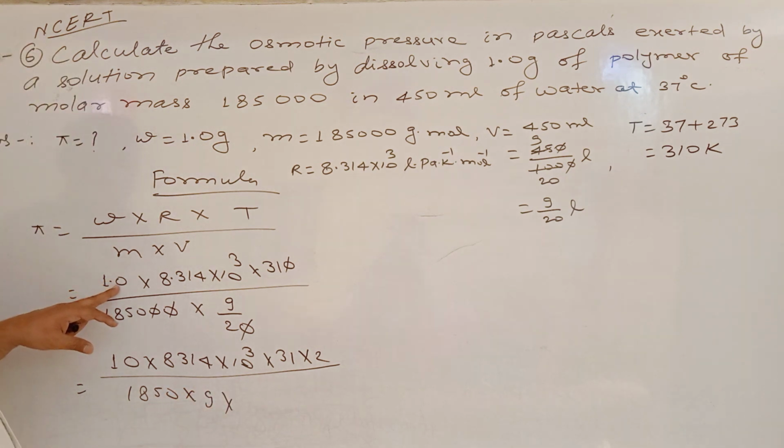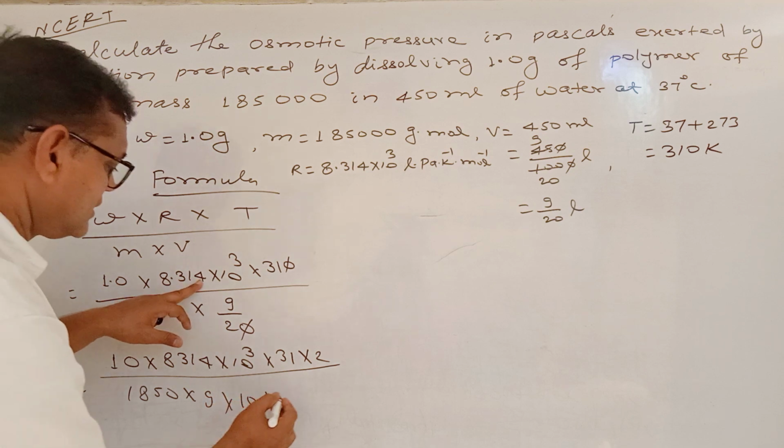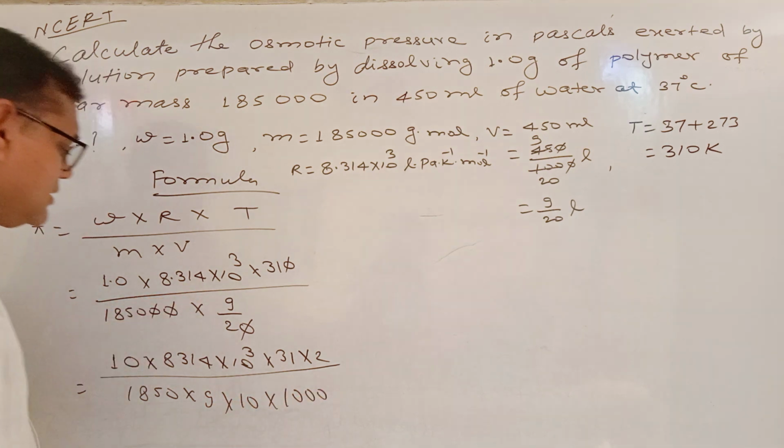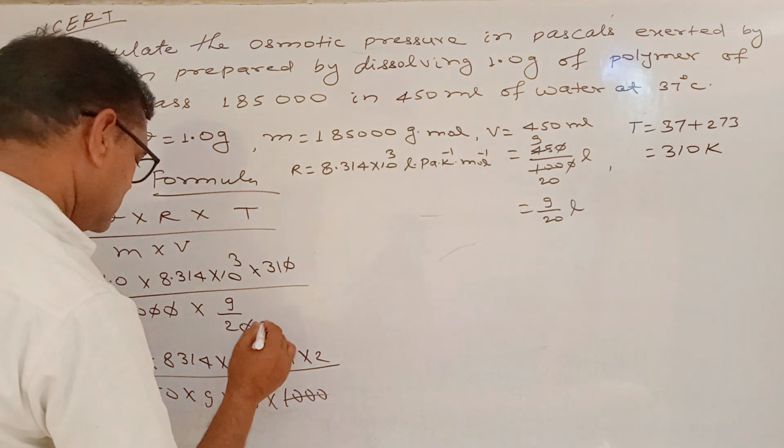It is a 1 digit, therefore we write 10. It is a 3 digit, therefore we write 1000. These are cut out and these are cut out.